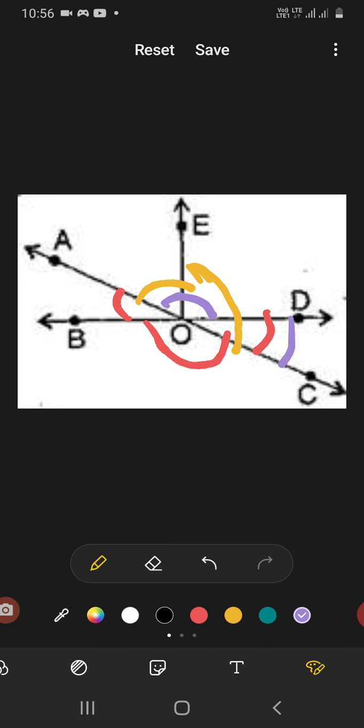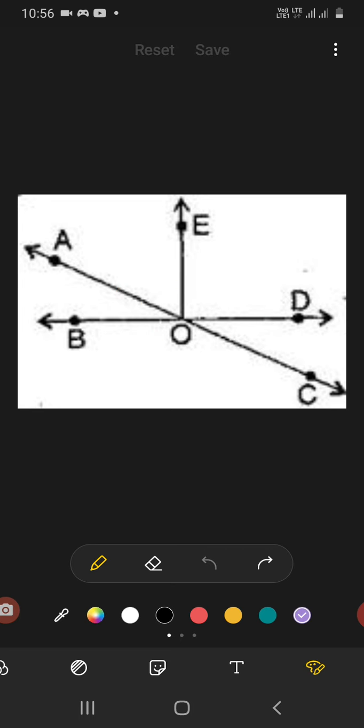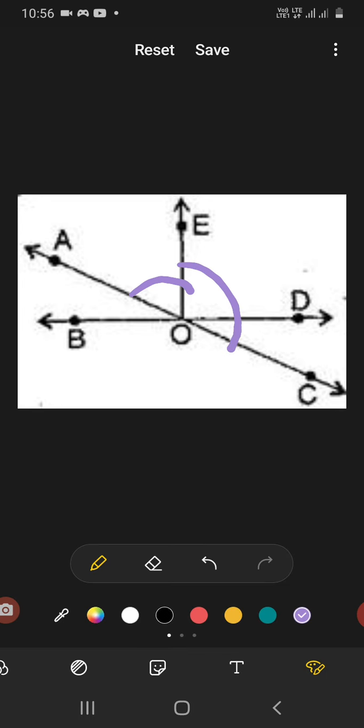You see again, one more time I explain this one. AOE and EOC: the sum of these angles is 180 degrees, but they are not equal.